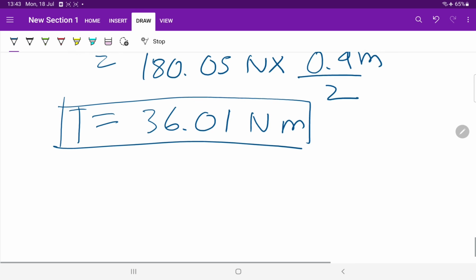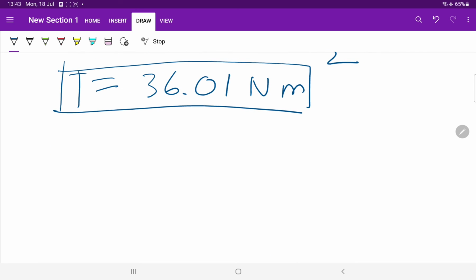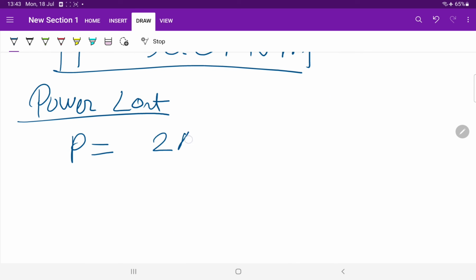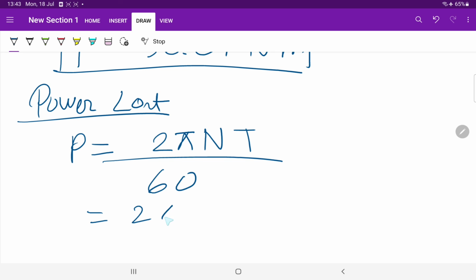And then last but not the least, the main thing you need to find out is the power lost. All the formulas I had already given in the start, you have to remember those formulas, not only for this numerical, but for other numericals also. 2 pi n t by 60. Now we know what is 2, we know what is pi, n is the speed in rpm, and it is 190, right?